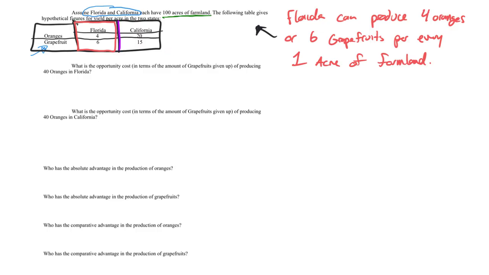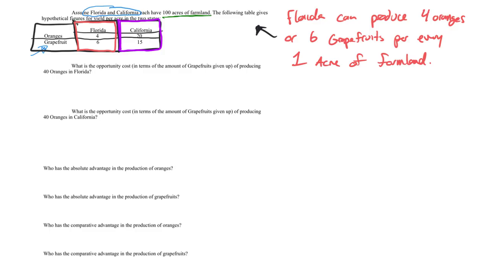I'm going to do the same thing for California. If you think that you're pretty comfortable, you understand that Florida can produce 4 oranges, 6 grapefruits for every acre of land, and you understand what California means, you can fast forward through this next 30 seconds, or even better, pause and write down what you think I'm about to write down. But either way, I want to make sure I'm helping as many students as possible.